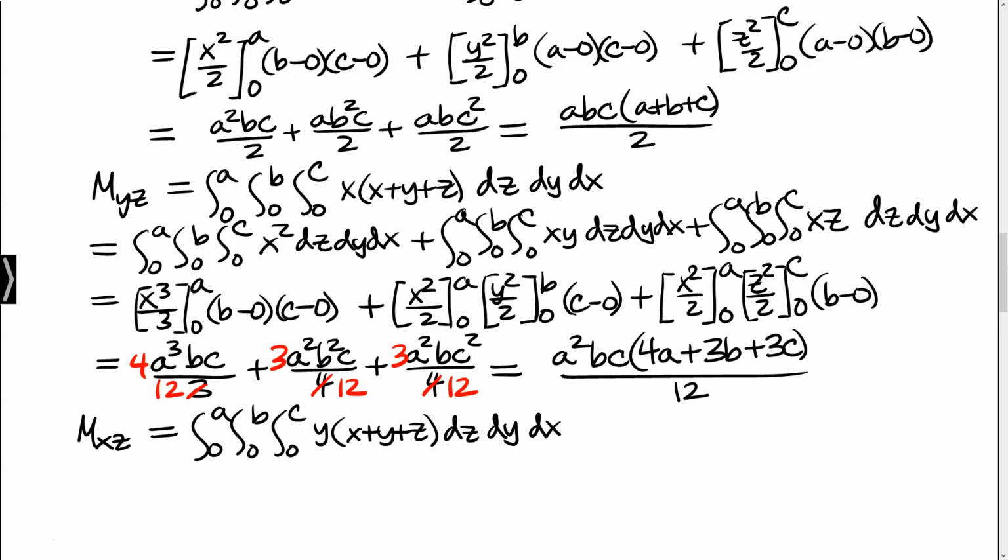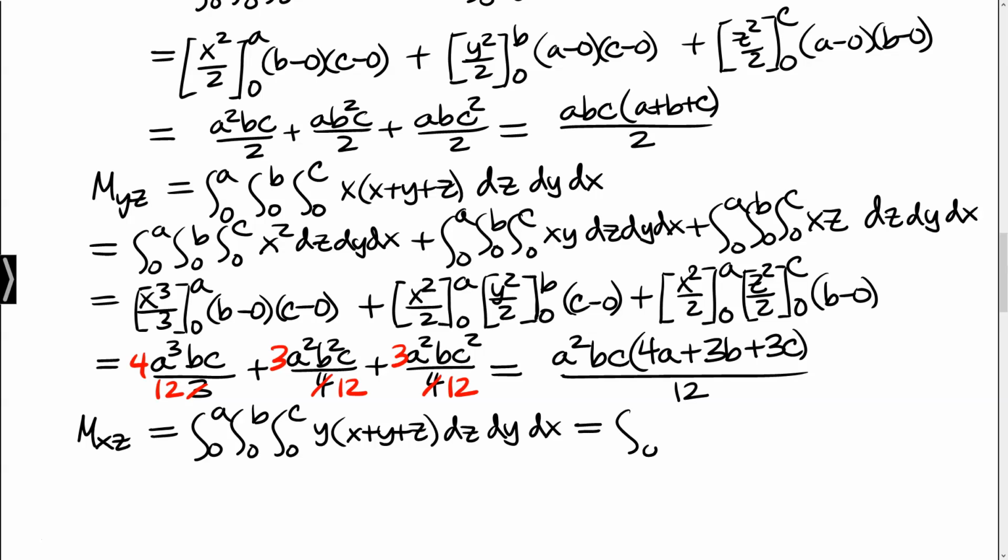But notice, this is exactly the same computation we just did. If I just interchange A and B, this would be the same as the integral from 0 to B, 0 to A, 0 to C of X. In fact, let me just write this out.